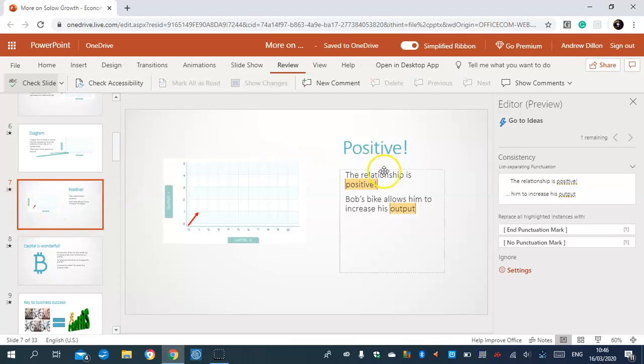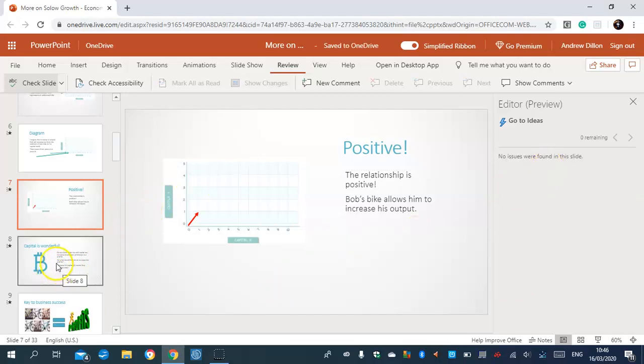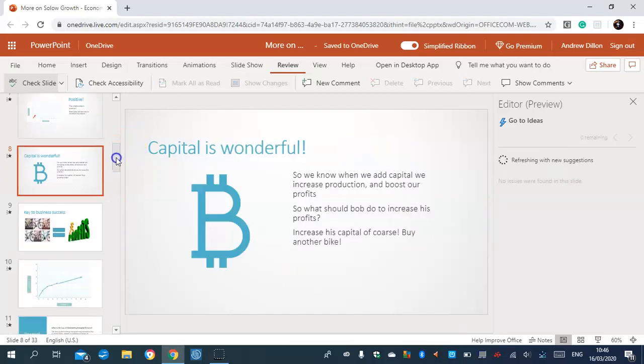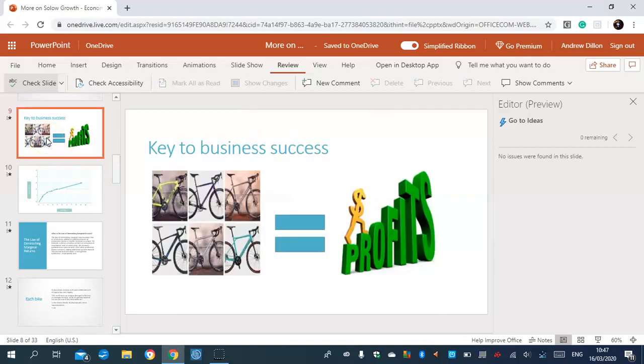Alright, hold on a second. Let's check the punctuation marks. No issues were found in this slide. No issues found in this slide.